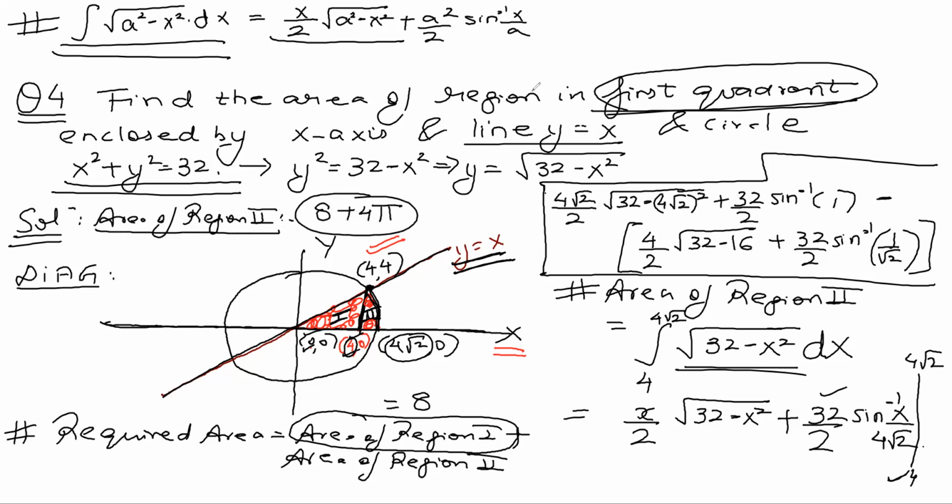Basically, if you solve this expression, you will get your answer as 8 plus 4 pi. So now what will my required area be? Area of region 1 is 8 plus area of region 2 has come out as 8 plus 4 pi.